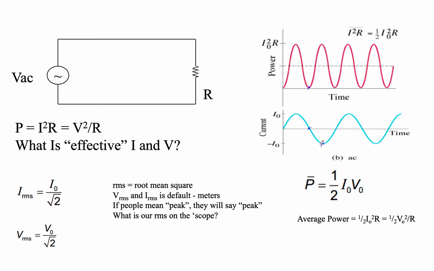So even though it's a negative current, it's still positively squared. So this is actually this thing squared. Now, notice that there's a peak power here, but the average is this dotted line. So the average power is actually half of that peak power.